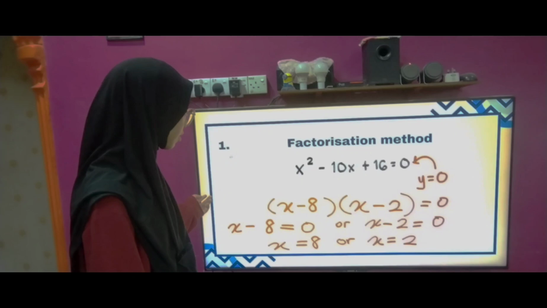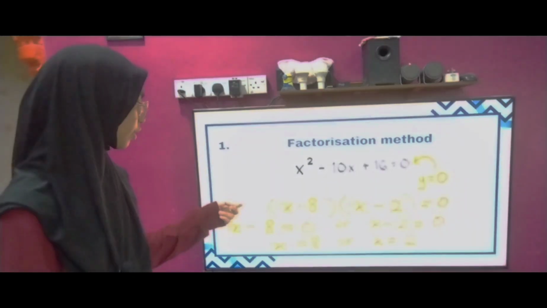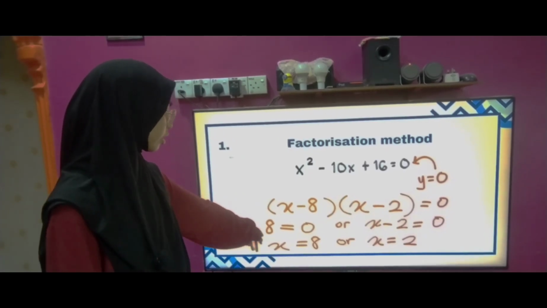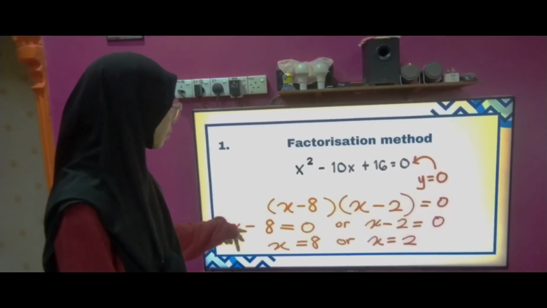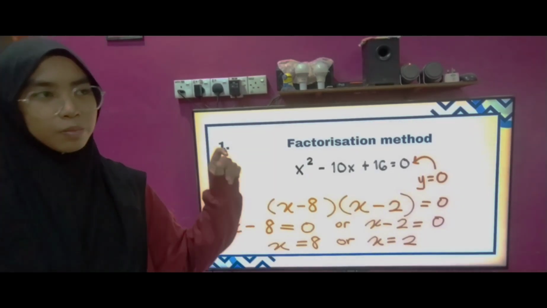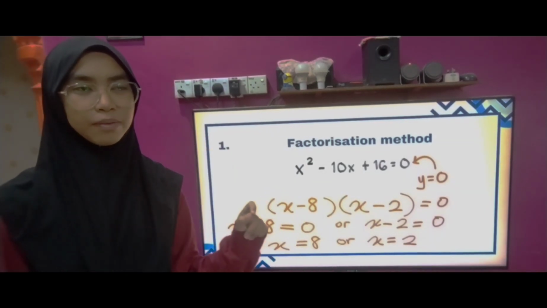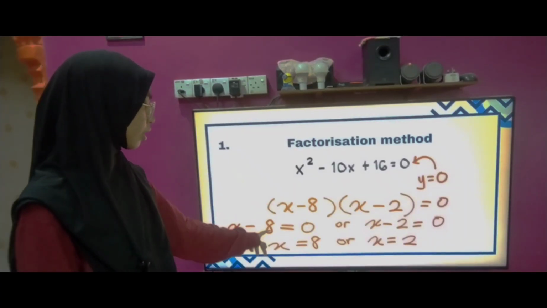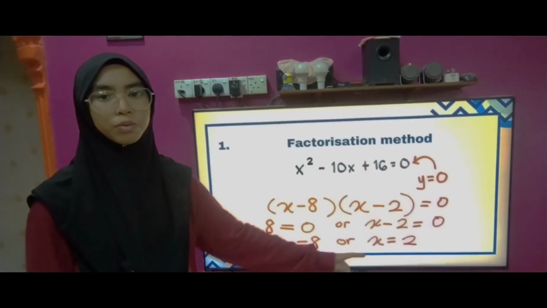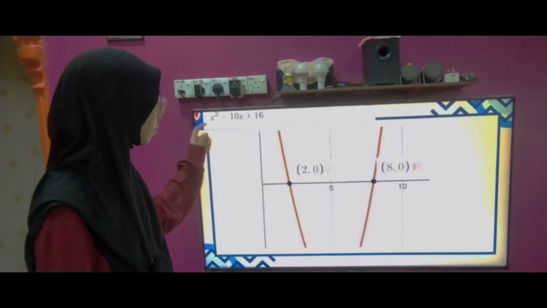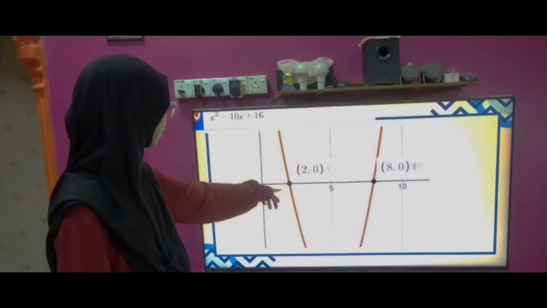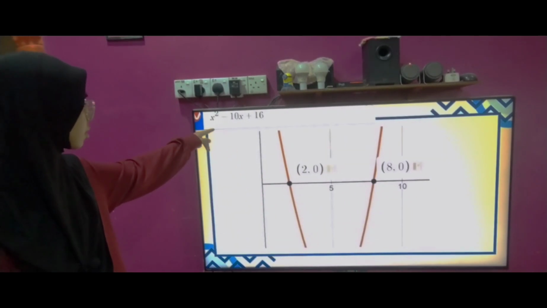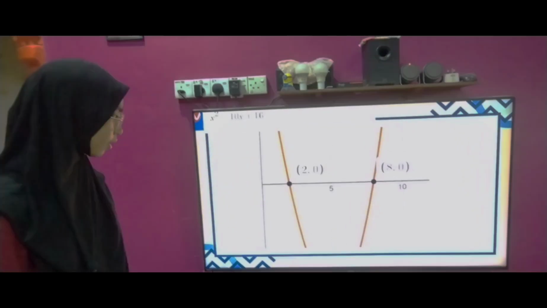The way you can find this is by putting these equations into your calculator, which you'll get x equal 8 and x equal 2, which means your roots, or the 2 points that are touching your x-axis, are at x equal 8 and x equal 2. Here's an example of where the points are touching when you put the equation x squared minus 10x plus 16. Okay, next.